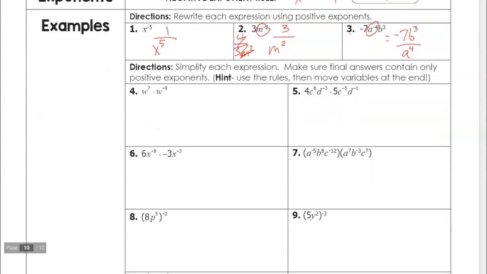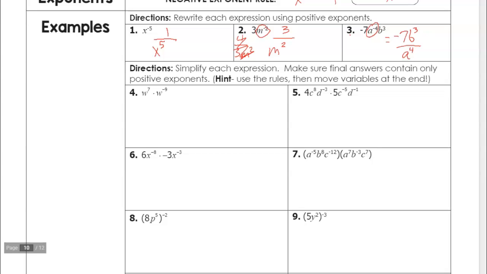We're going to keep going here. It says make sure the final answers only contain positive exponents. And guys, as I go through these, there's going to be points where you could do them differently. Okay, but it does say, hint, use the rules, then move the variables at the end.